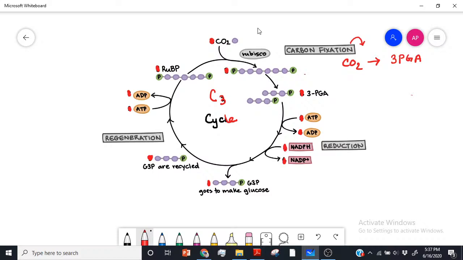Carbon fixation. Now this is a very important question that can come in your examination. What is carbon fixation? Why carbon fixation is necessary? These things. Now what is carbon fixation? I think you can write. You can write. Isn't it? You can write what is carbon fixation, right?